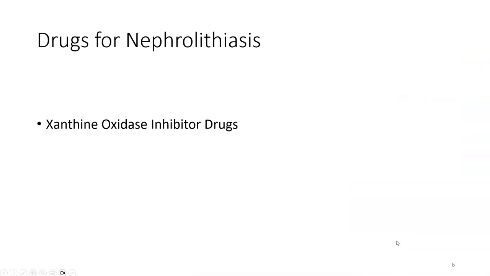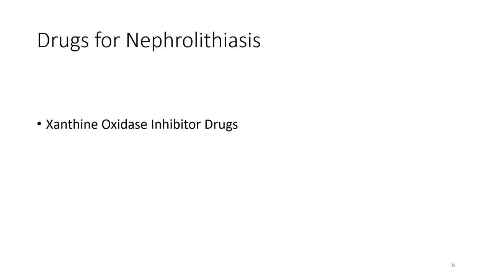Xanthine oxidase inhibitors, I'm going to caution you because I talked about xanthine derivatives with respiratory drugs. Xanthine oxidase is something else. It's actually an enzyme that will oxidize xanthine. So xanthine oxidase inhibitors are going to block the enzyme xanthine oxidase, which would normally help produce uric acid in the body.